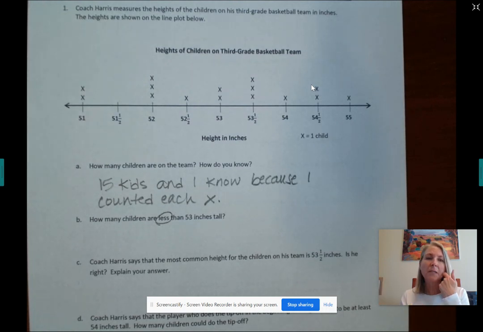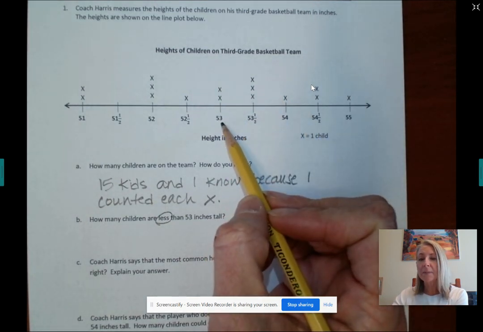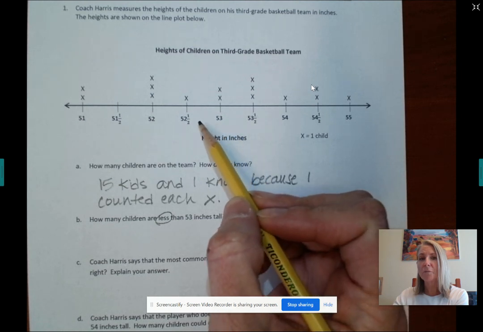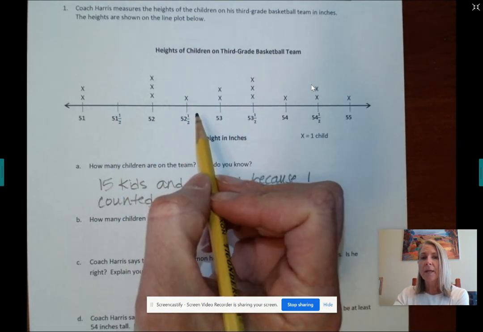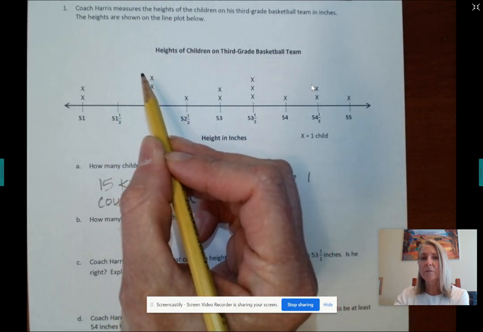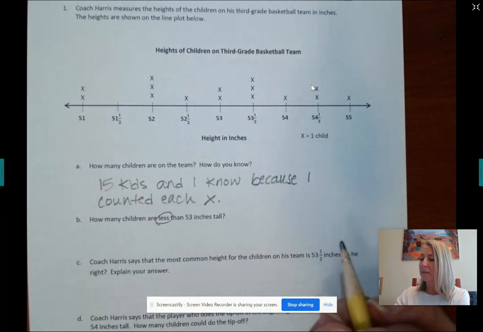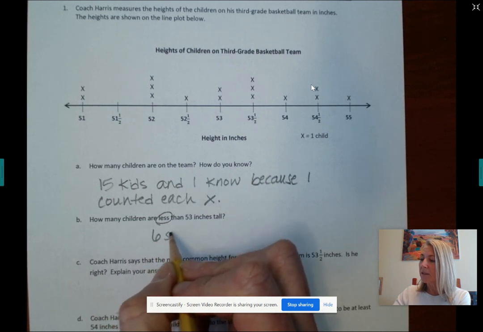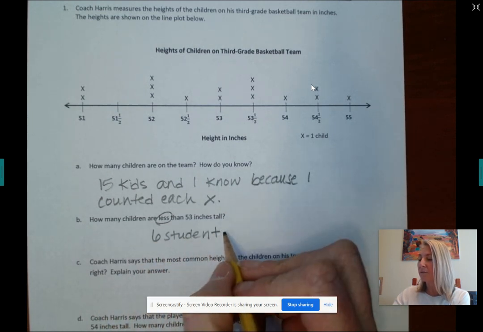So if this is 53 inches, they have to be less than that amount, which means we have to look at measurements smaller than 53. We have 1 that measures 52 and a half. We have 3 that are 52 inches. That makes 4 students, 5, 6. So there are 6 students that are less than 53 inches tall.